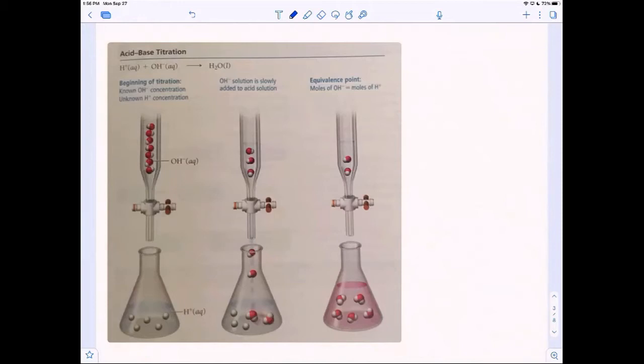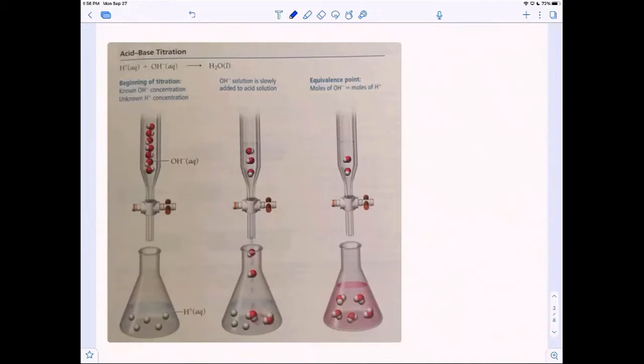If you have one equation, you can only have one unknown. So you know the concentration of the base, and when you carry out the chemical reaction, you know the volume. If you know the concentration and the volume, you know the number of moles. And if you know the number of moles, then when you have the acid, you can figure out the number of moles of acid. Well, you have to know the identity of the acid.